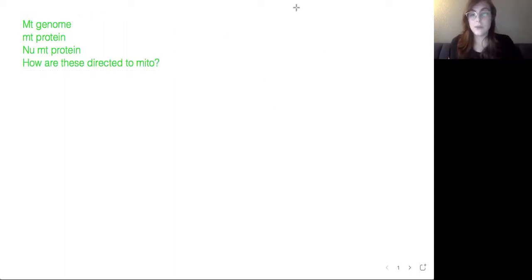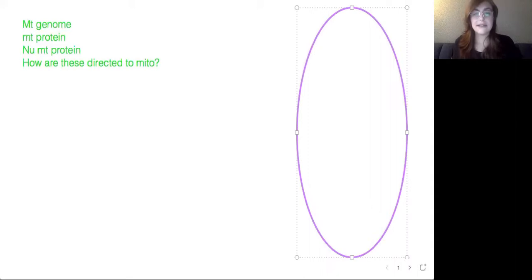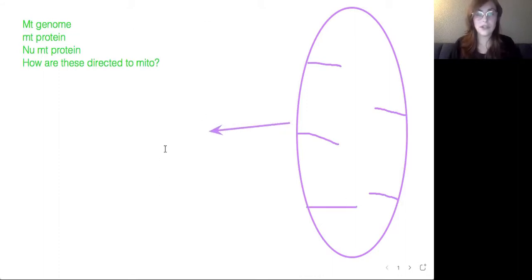So with that in mind, what most people know about the mitochondria is that it's this double-membraned organelle that is responsible for creating energy. So its main output is the creation of ATP.